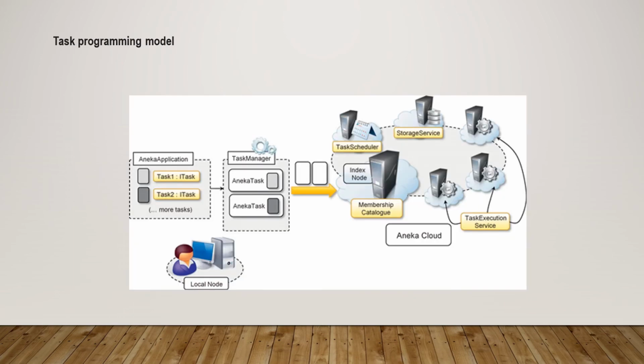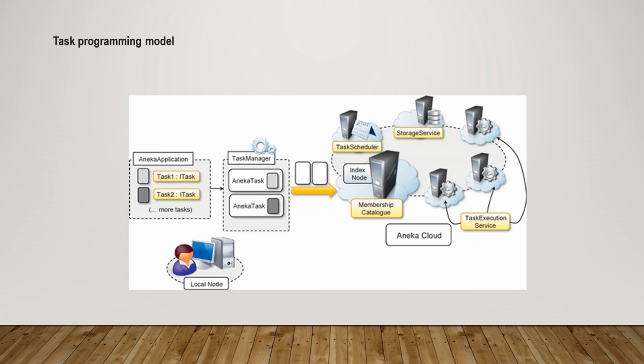So next we'll see the task programming model with Aneka. Aneka provides support for all task-based programming by means of the task programming model. A task programming model provides a platform for quickly developing distributed applications using Aneka.